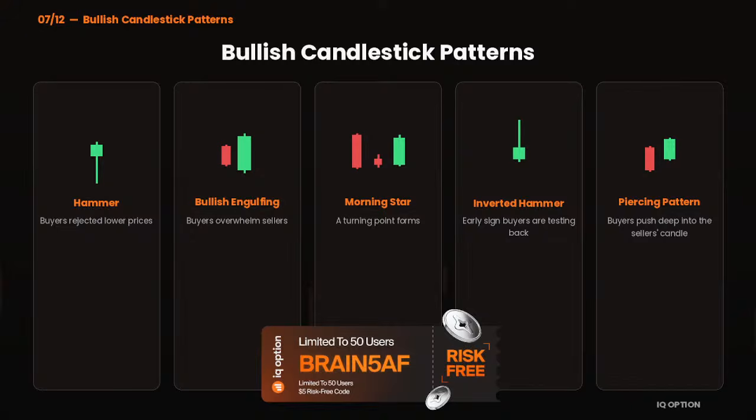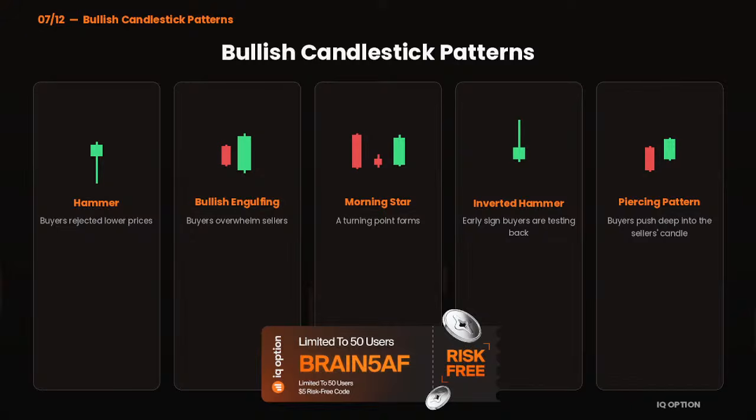The next pattern is a morning star, just like you can see on your screen. This one takes 3 candles, as you can see. It has a very long red candle showing that sellers are in control of the market, and then a small hesitant candle. That small hesitant candle means that nobody knows what's going to happen.